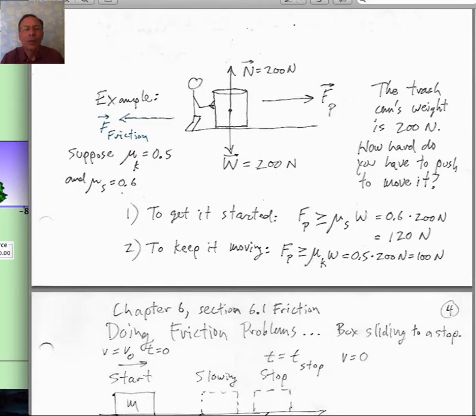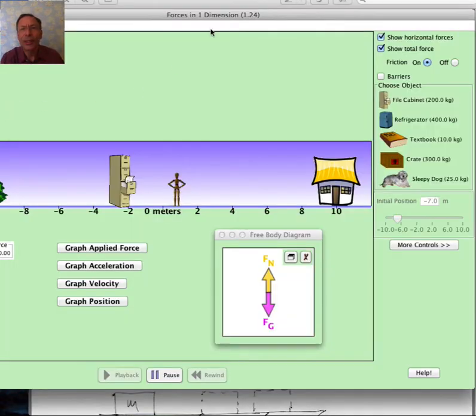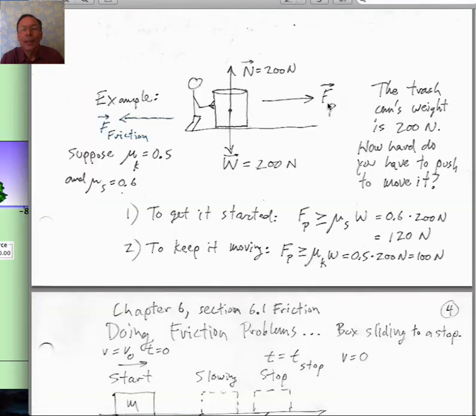Okay, so what I have now is a setup in my notes, which is very similar to the demo that you were just looking at. Before I move on, I want to point out that everybody can get to the PhET simulations.